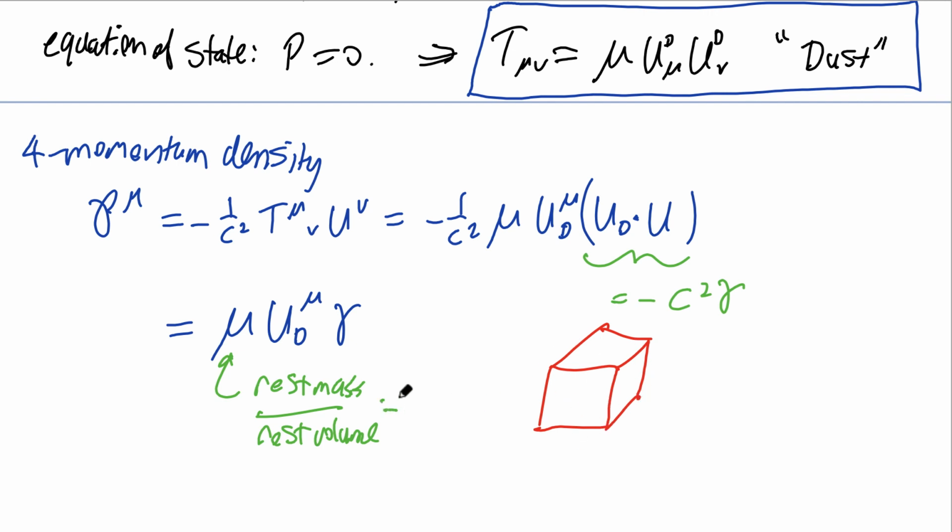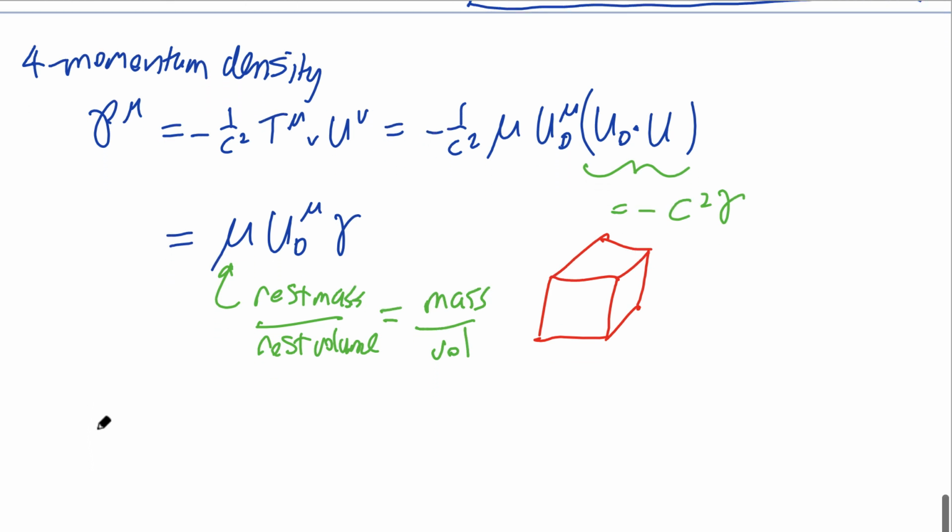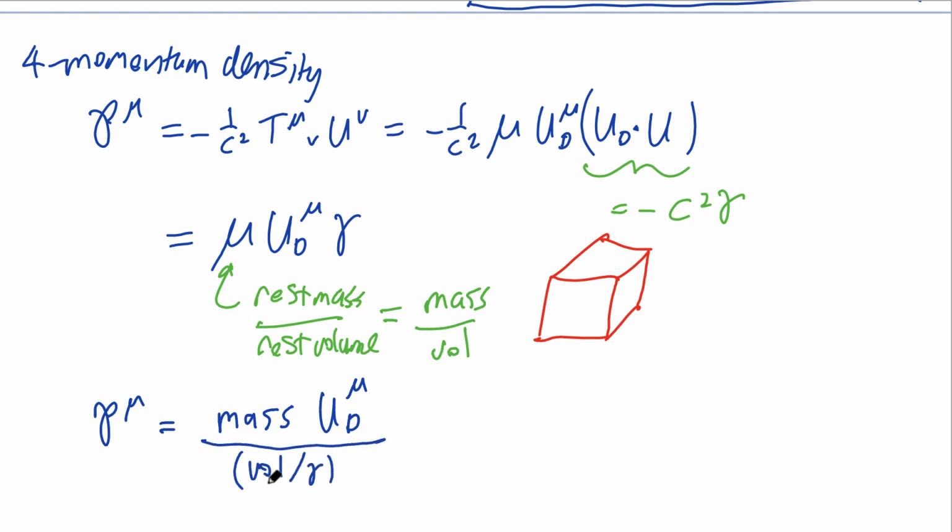So I'll just refer to this as the mass over the volume, with it understood that this is rest mass divided by the rest volume. And now, putting this together, we see the four-momentum density can be written schematically as the rest mass times the four-velocity of the dust divided by the volume over gamma.